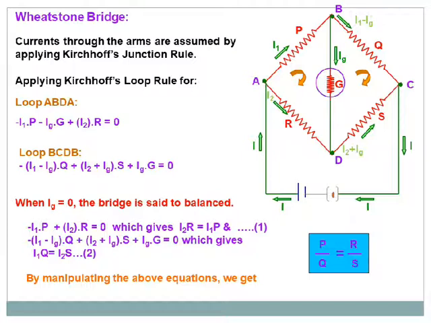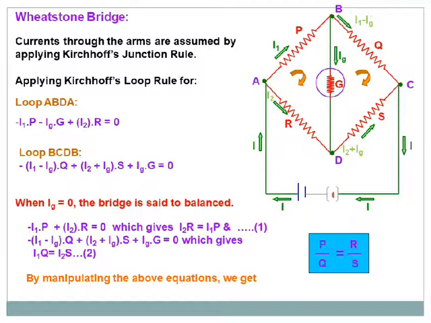Now we are going to consider the second loop, the loop BCDB. By considering the second loop, you can apply the same rule. Now you can ask the question: from B to C the current is I1 minus Ig. Why is it so? At point A the current is splitting into two parts, I1 and I2.